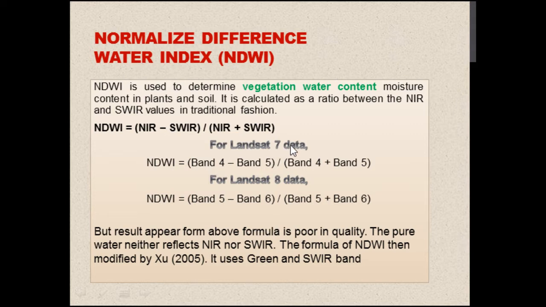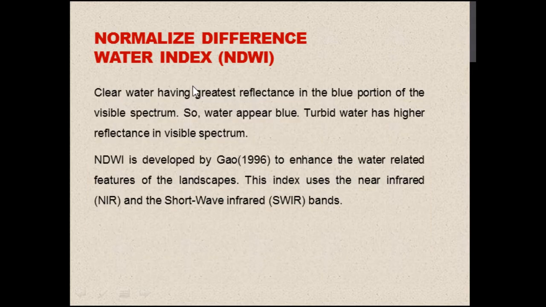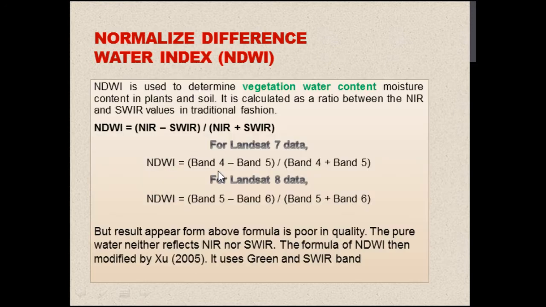For Landsat 7 data, NIR is band 4, as you can see. We can see from the earlier picture which band is NIR and which is SWIR: 4 and 5, I think.